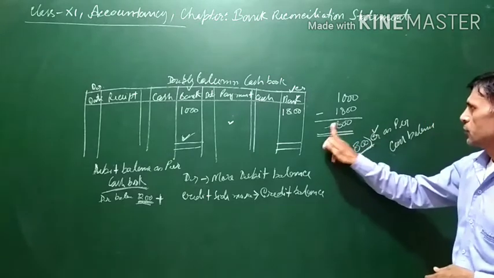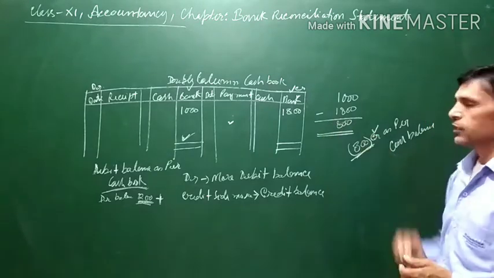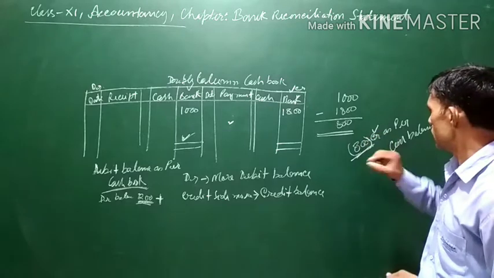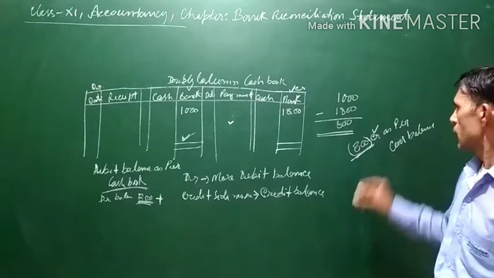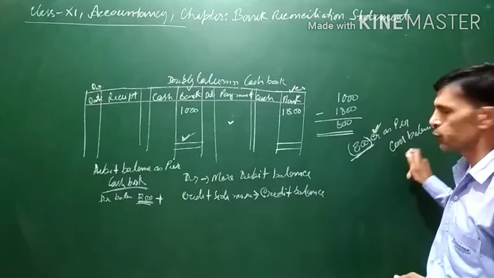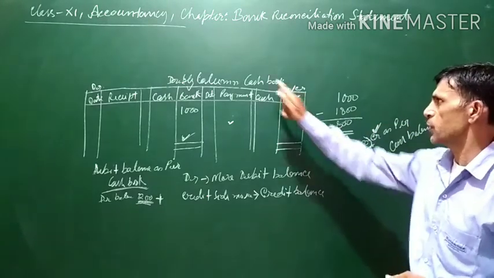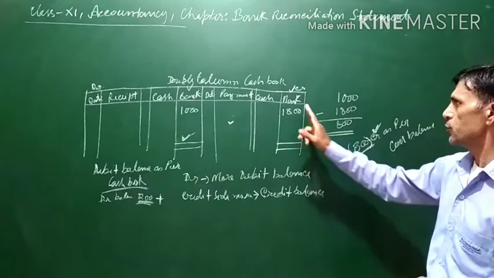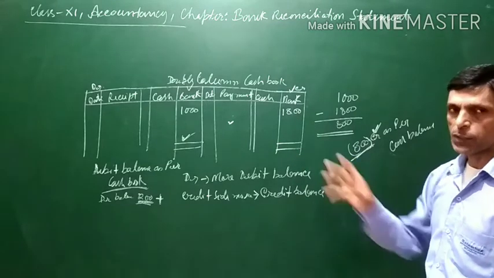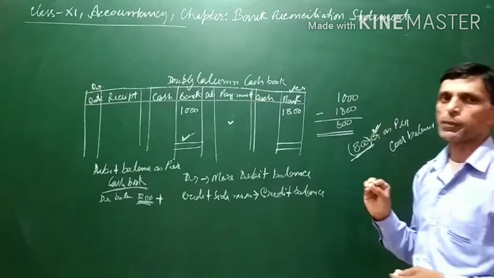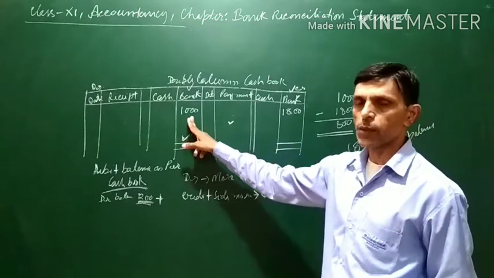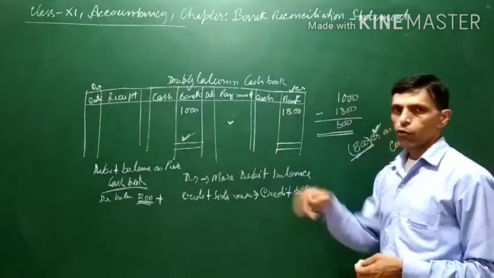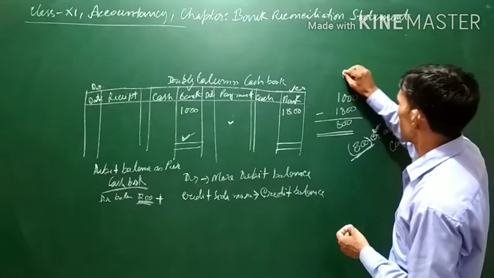A credit balance as per cash book refers to a negative balance as per the double column cash book. That is, we have a negative balance in the bank, meaning we have withdrawn more money from the bank than we have deposited. We have deposited 1000 in the bank, but we have over-withdrawn. It is also known as overdraft.